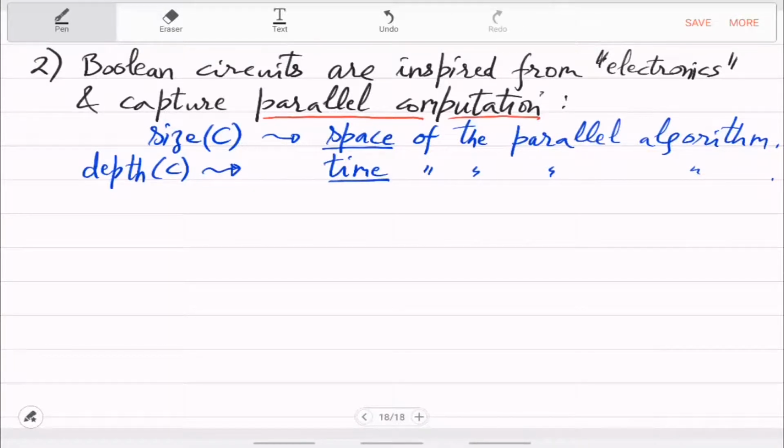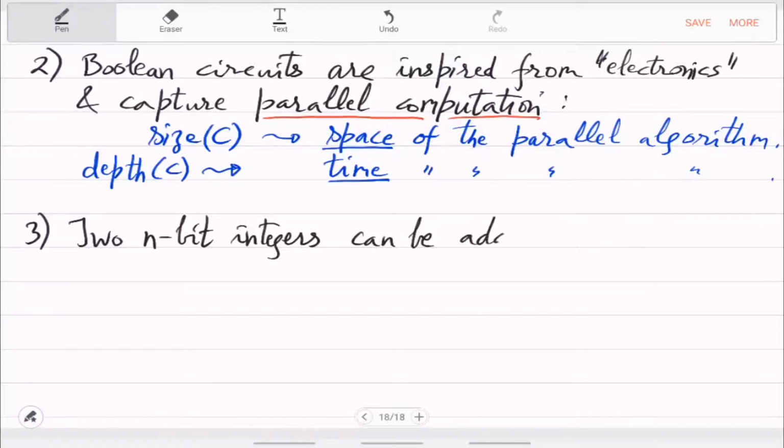Another simple observation is that addition of two n-bit integers can be done by a poly size circuit.